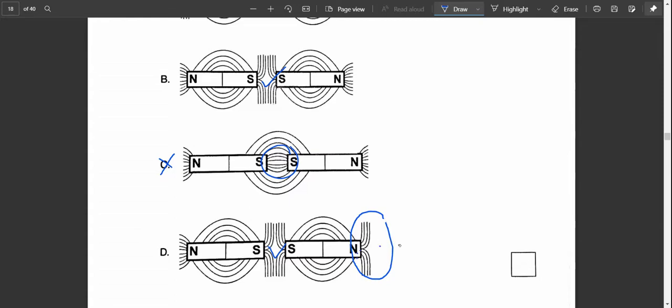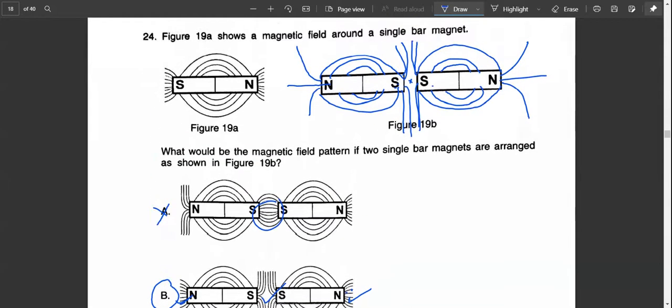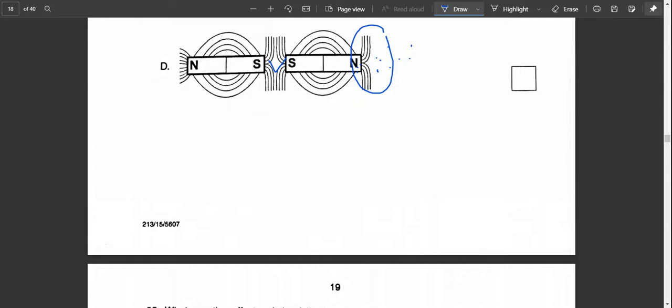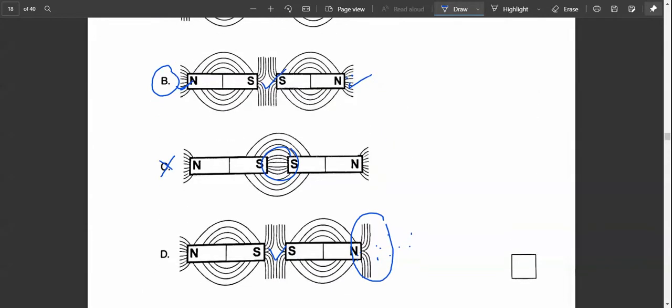When there's no magnet around it, it will always try to attract, like this one, it will try to attract any object that is around it. So it must be like that. The answer is B. If you're confused, you can look at the single magnet here. You can see the north pole is trying to attract any object around it, and so is the other pole. Okay, so the answer for this question is B.